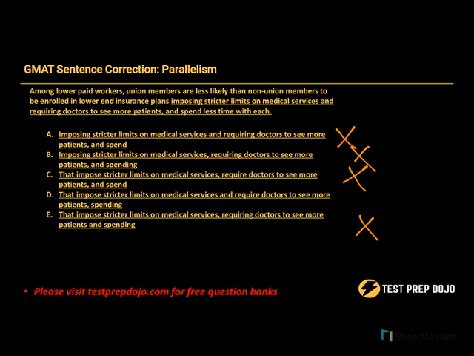So does it have to be a full sentence? Nope. So require doctors to see, I believe, is what's being modified here. So the spending is modifying that clause. Is that correct? Yes. Does it elegantly and concisely convey the correct meaning? 100%. And so we have our correct answer here, D.